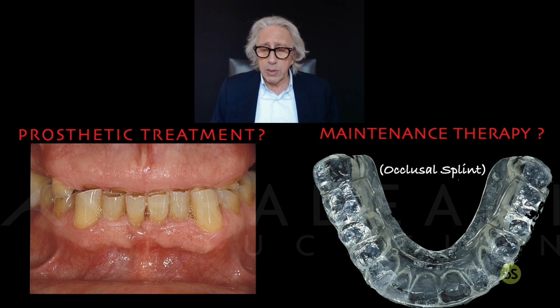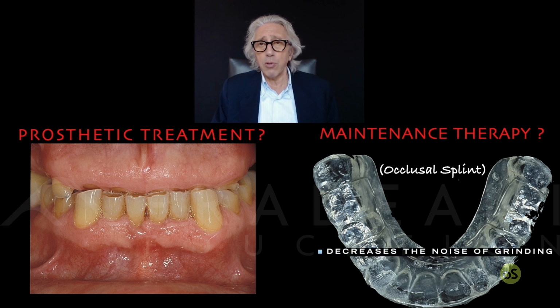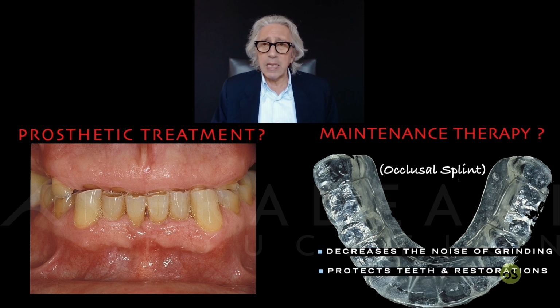But because we also want to protect the TMJ, we want contact on the posteriors. Anyway, what is the meaning of occlusal splints? First of all, they decrease the noise of grinding, so the wife of this guy was very happy about that. Secondly, they protect the teeth and restorations, even though unfortunately in this upper arch you cannot protect anything more.